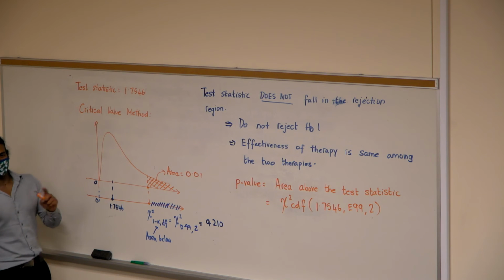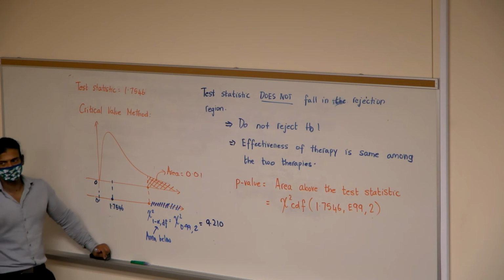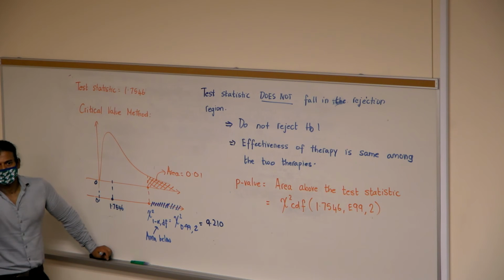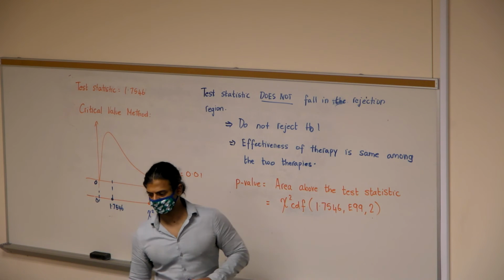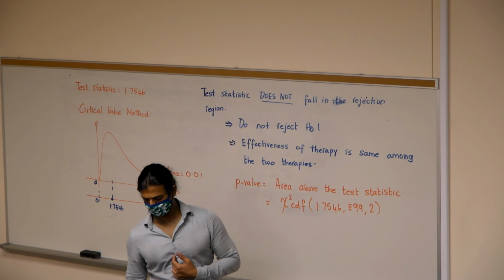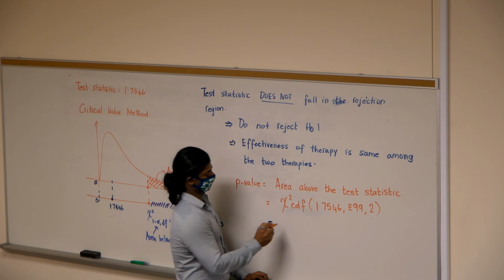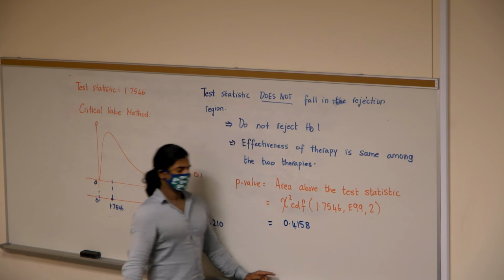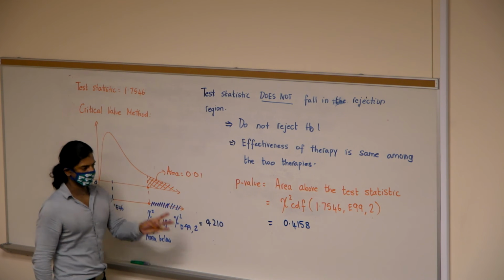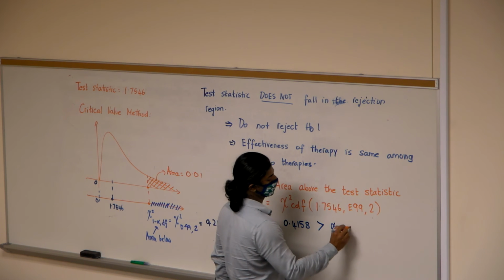Naturally, we should be expecting a value close to 1. Definitely not a small probability. It's 0.4158. 0.4158 is definitely greater than the alpha value of 0.01.